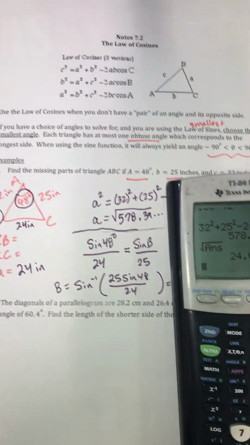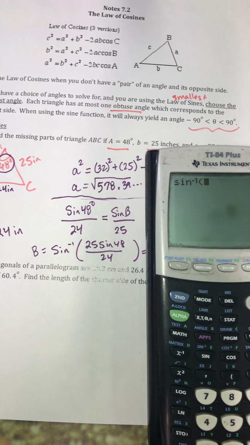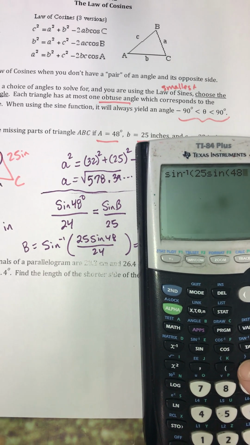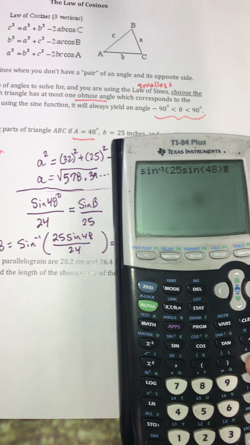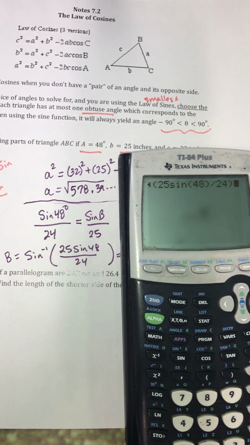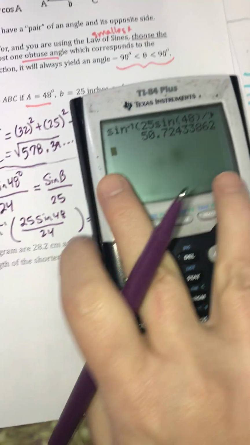Let's type that in and see what we get. Sine inverse of 25 times the sine of 48 in parentheses, division 24, in parentheses. About 50.7 degrees.